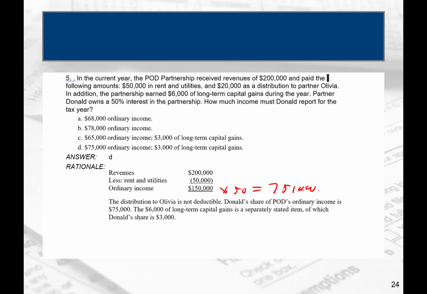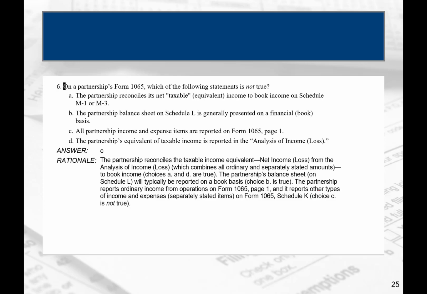Okay. All right. Different forms of partnerships. Item 6. On a partnership's Form 1065, which of the following statements is not true? A, the partnership must reconcile its taxable income to book income on Schedule M-1 or M-3.